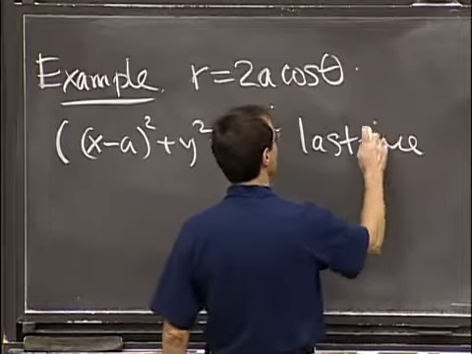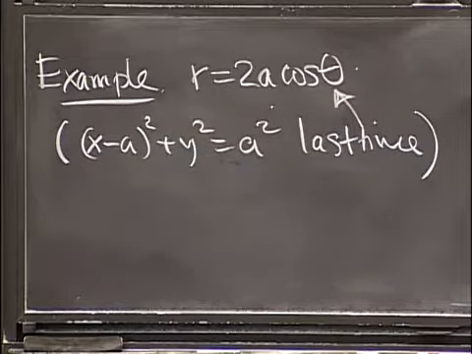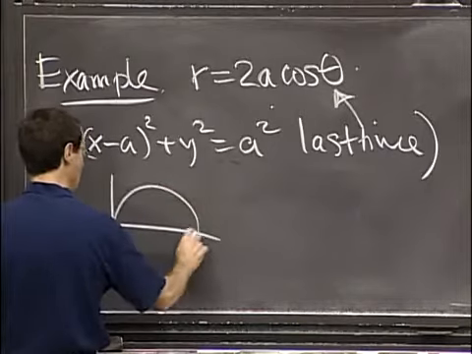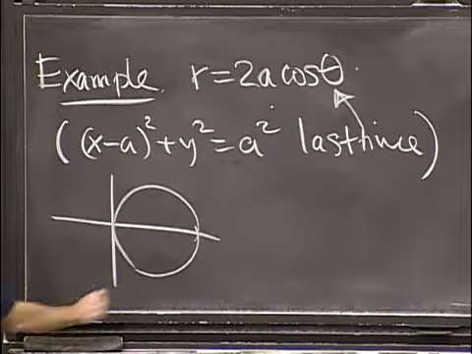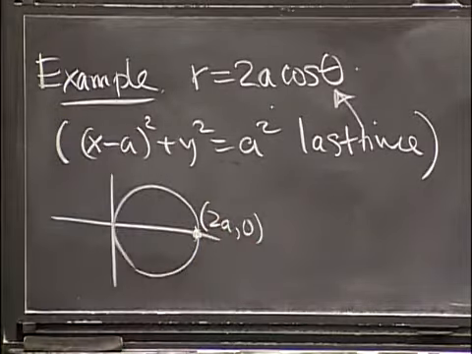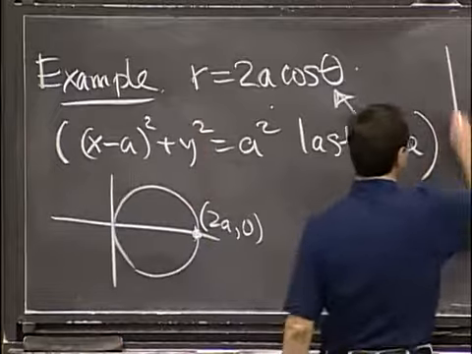We connected this rectangular representation to that polar representation. And the picture is of a circle, where this is the point (2a, 0). All right, so let's figure out what the area is.